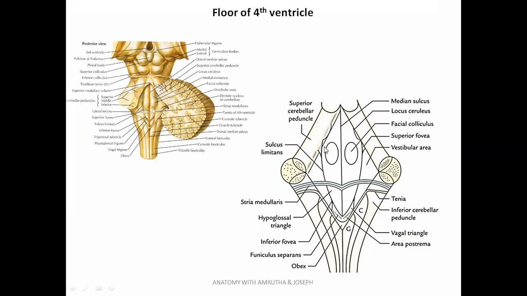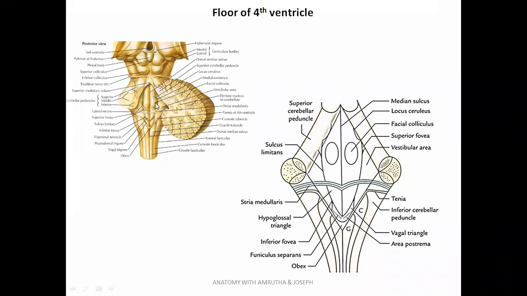On either side of the median sulcus, there is a line extending from the upper, lateral aspect that goes down and medially and attaches to the median sulcus in this way. This line is called the sulcus limitans. Sulcus limitans can be seen on either side. So here you can see the median sulcus, and this is the sulcus limitans.